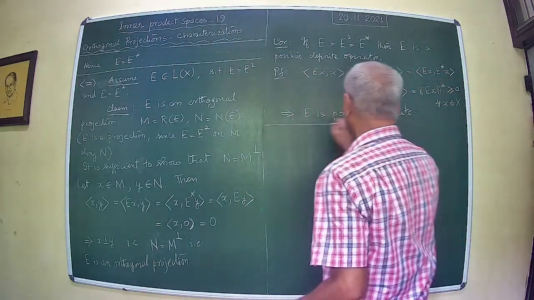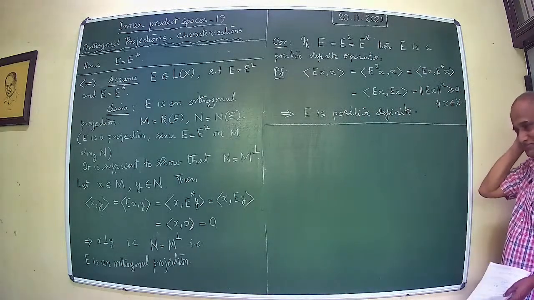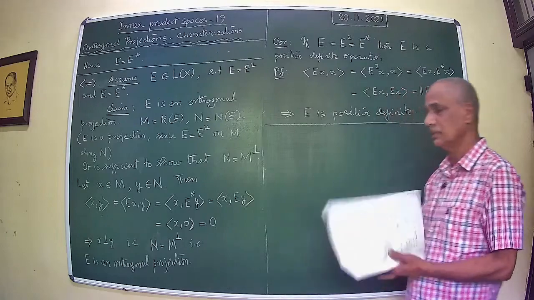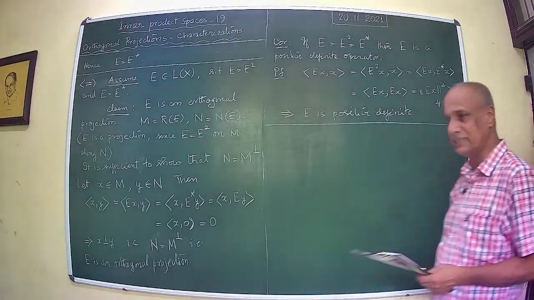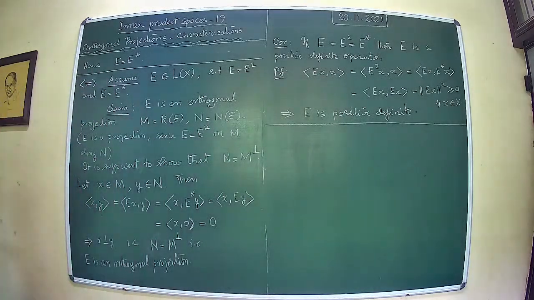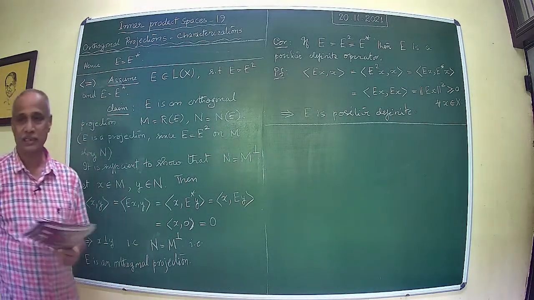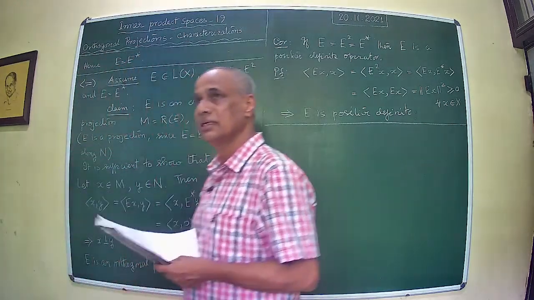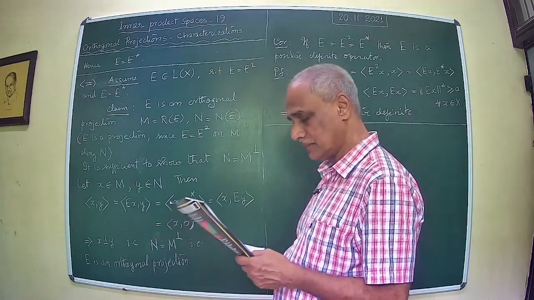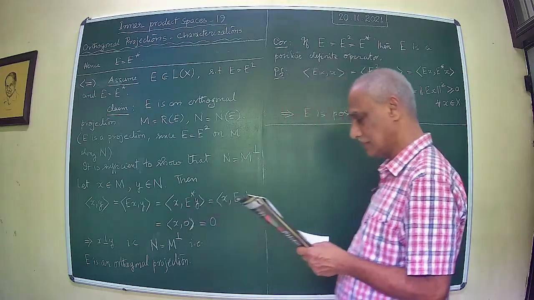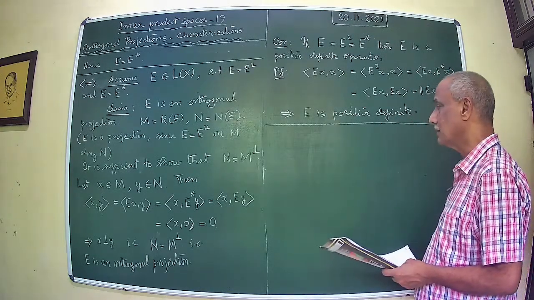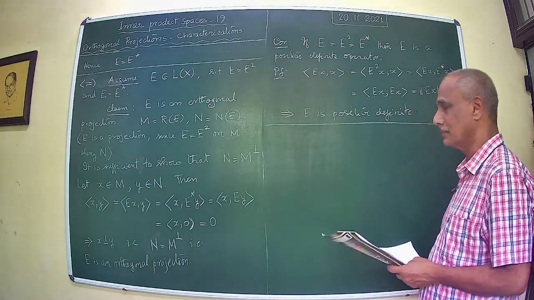Now we make one more observation. If the projection is not an orthogonal projection, then we can actually show that there exist some vectors for which the norm of Ex is greater than the norm of x.